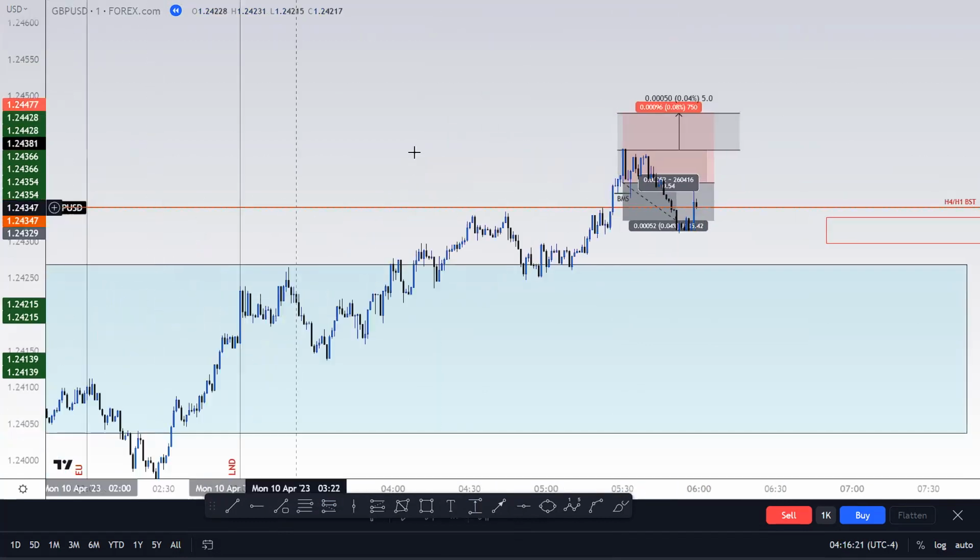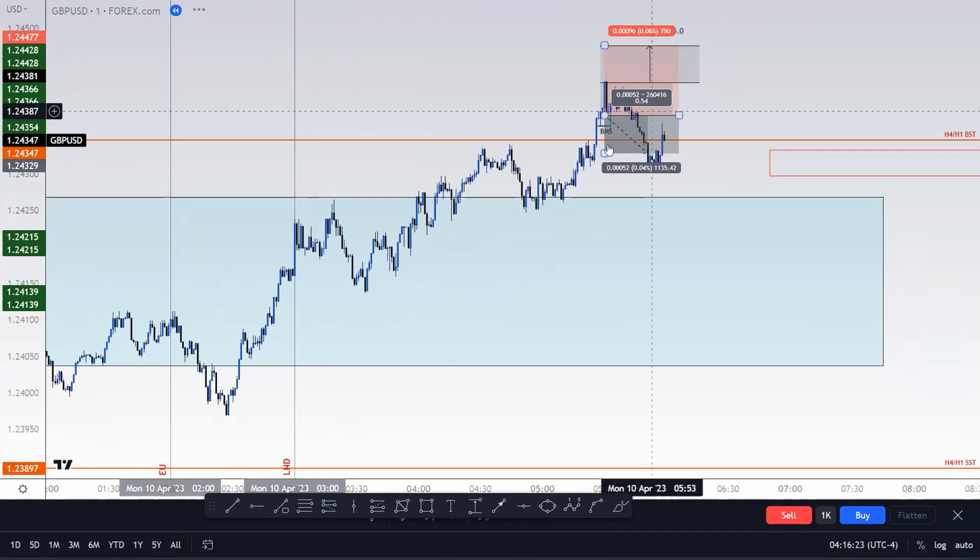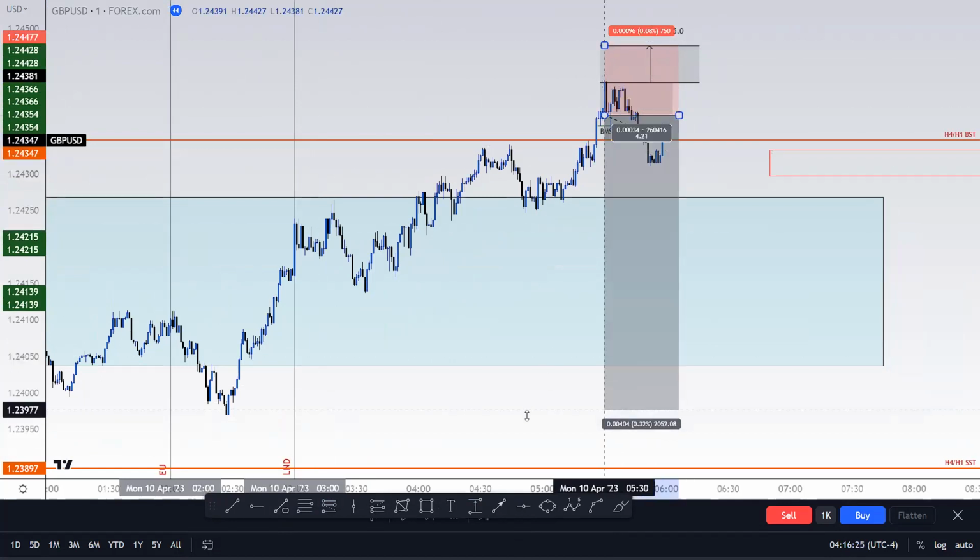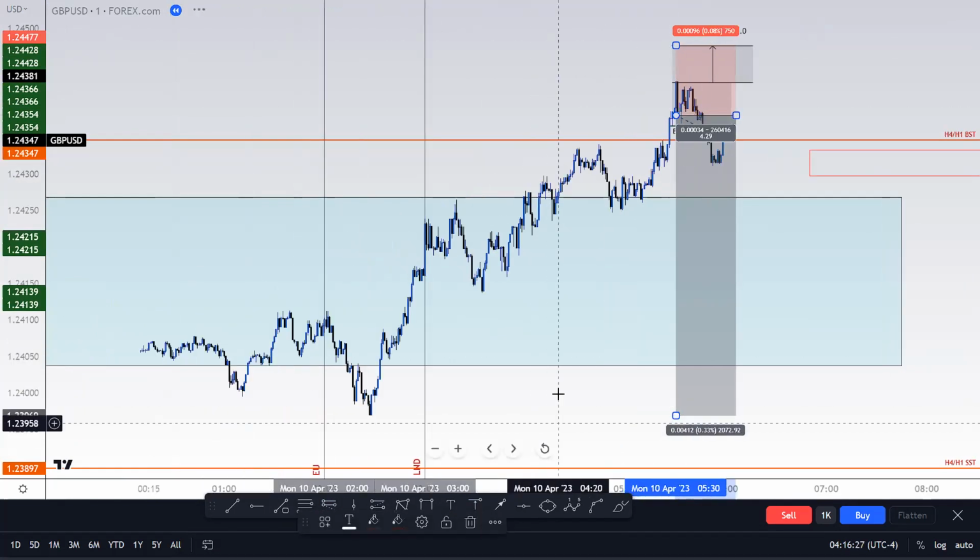And the primary profit taking objective would have been the low of the Asian range right here.